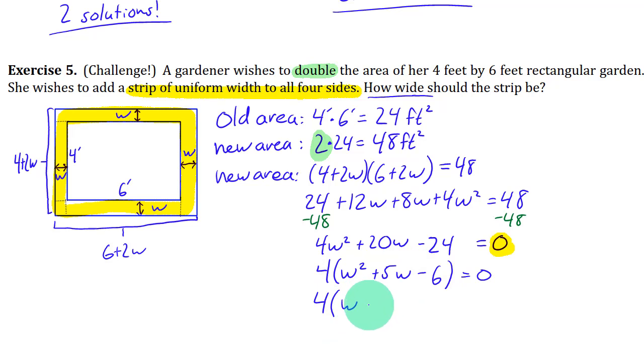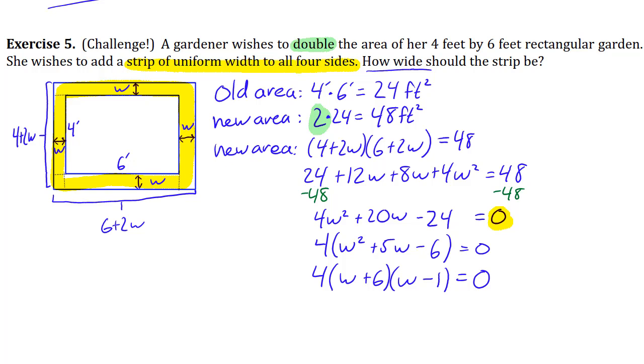But I think I can do this a little bit more quickly by factoring it into W plus 6 times W minus 1. So what are the values of W that make this equal to 0? W equals negative 6 will make this part 0. Or W equals 1 will make this part 0.